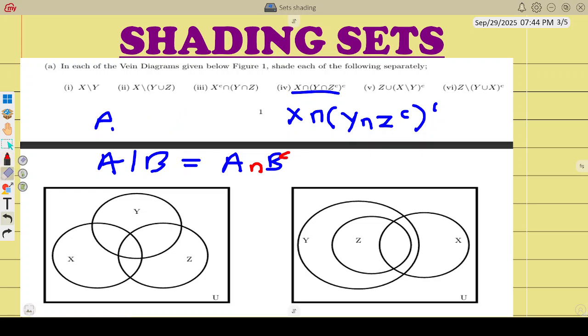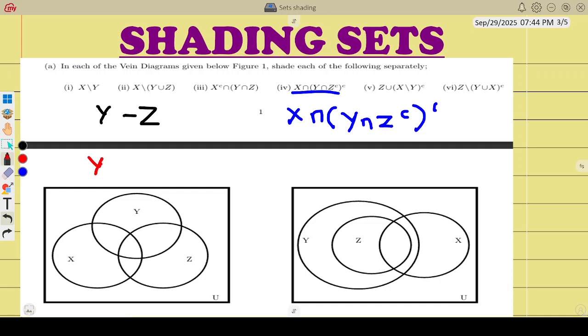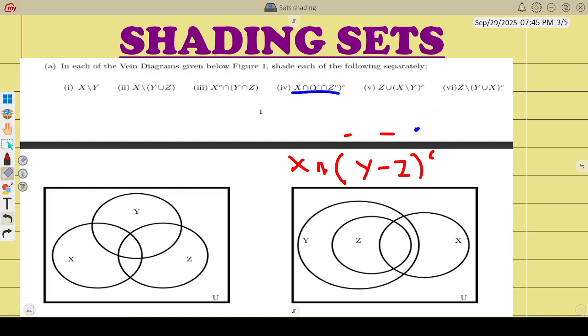So this is just one thing you have to know. So like, for example, you have y minus z. So this simply means y, the minus will be intersection, and then z should have a complement. And this is what we have there. So this simply means we have x intersection, and in here this simply means y minus z, and then complement. So you just choose whatever you can go with. You shade this directly or you try simplifying.